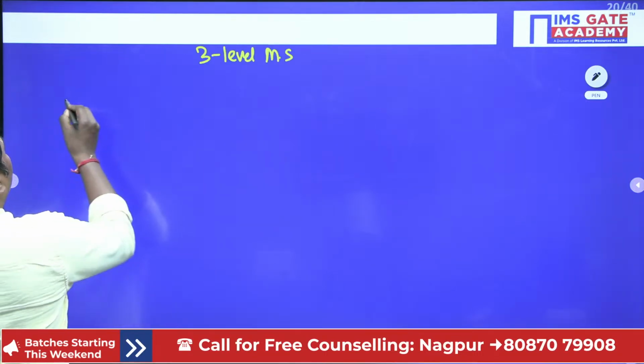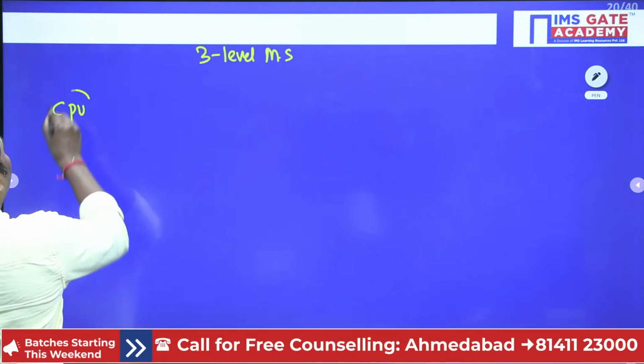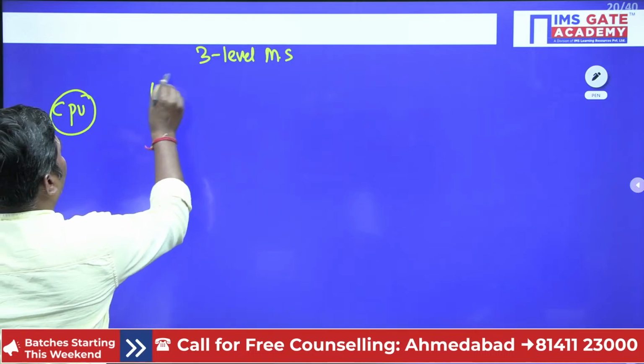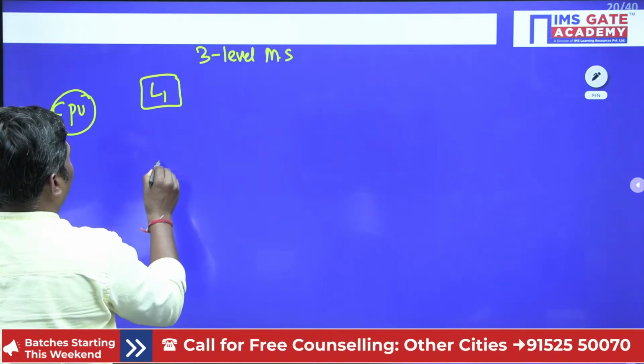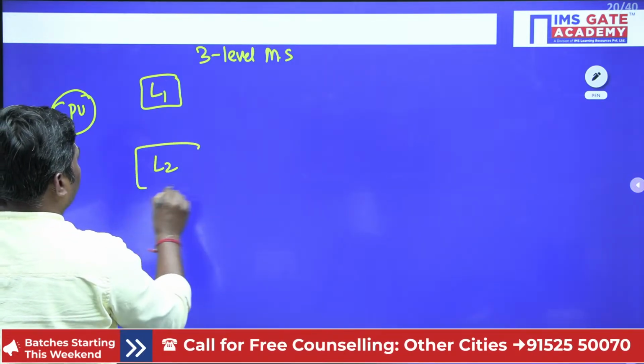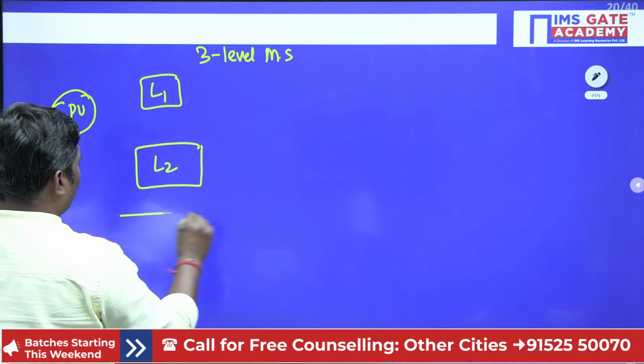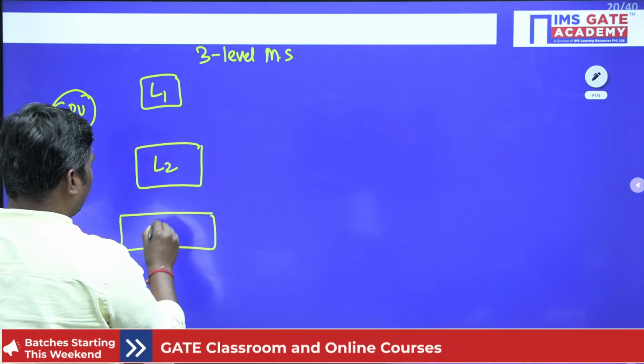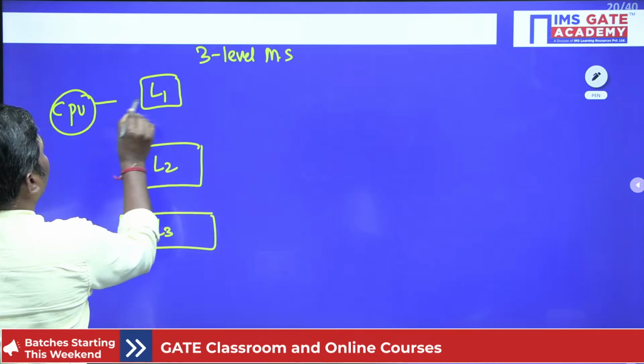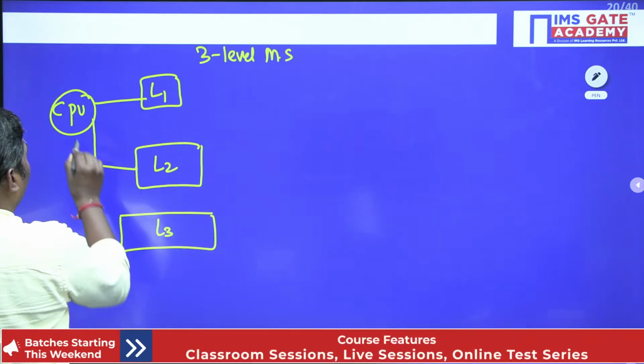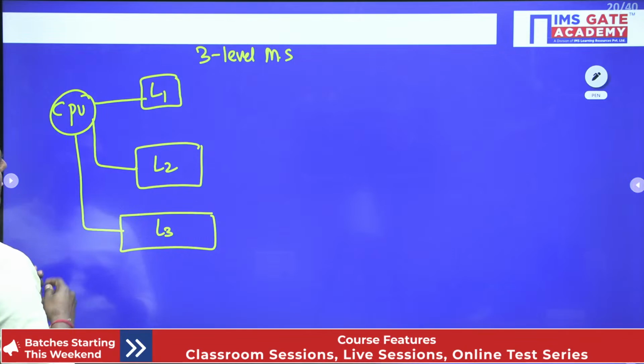Now look at this: the CPU is connected to a level 1 system, a level 2 system, and a level 3 system, L3. All are parallel, right? See now, parallel means a separate bus will be there.